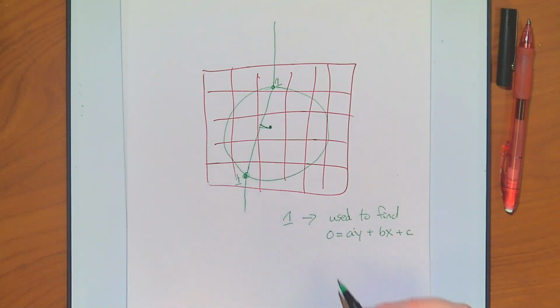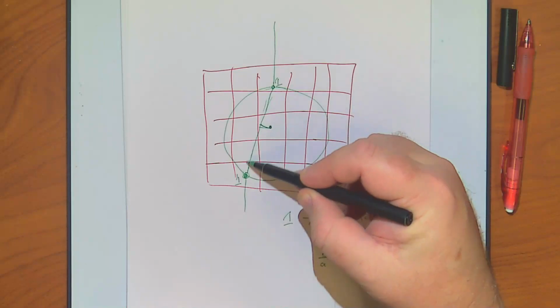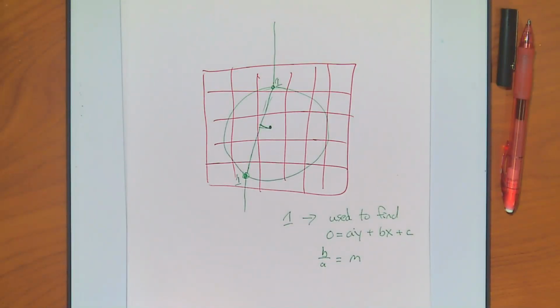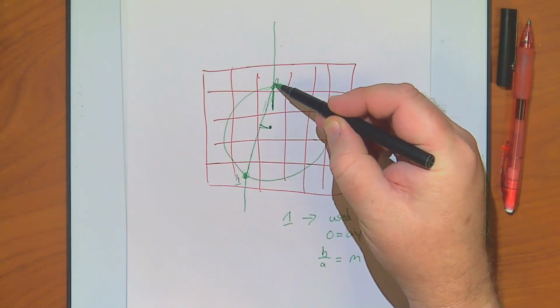So we can actually just use the fact that, let's see, it's actually B over A has to be equal to M. And we know the M has to do with this one's theta, the theta of that line. And the theta of that line is relative to this, right?